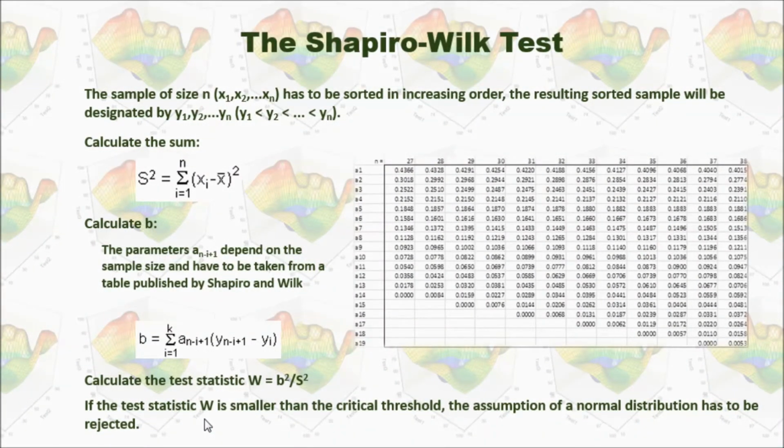If the test statistic W is smaller than the critical threshold, the assumption of a normal distribution has to be rejected. That is, our sample distribution is not a normal distribution. I'm going to show you how to implement this Shapiro-Wilk test in Python later.